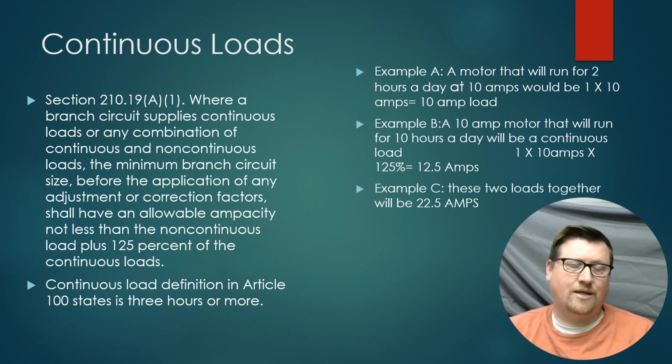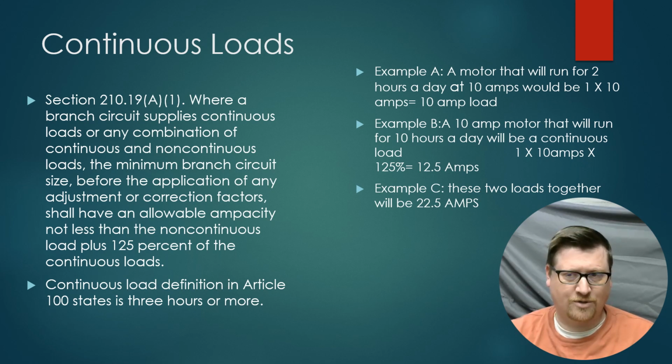Section 210.19(A)(1) says that where a branch circuit supplies continuous loads or any combination of continuous and non-continuous loads, the minimum branch circuit size, before the application of any adjustment or correction factors, shall have an allowable ampacity of not less than that of the non-continuous load plus 125% of the continuous load.